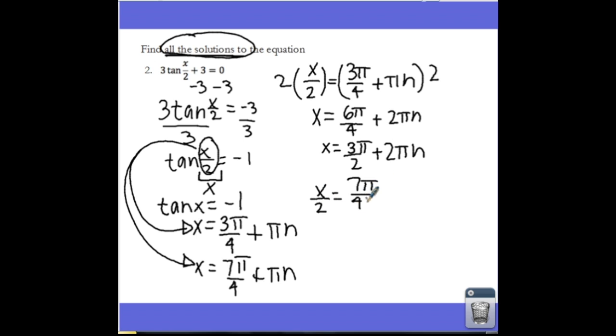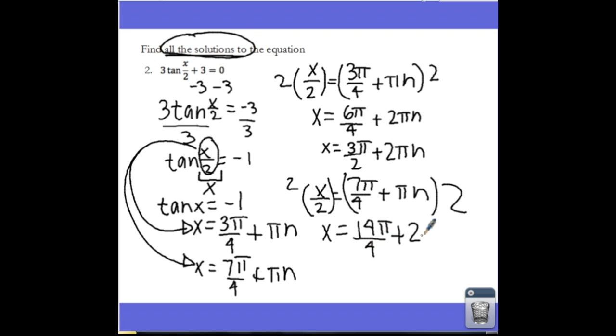We'll plug in x over 2, so it's x over 2 equals 7 pi over 4 plus pi n. Then you'll multiply both sides by 2, and that gives you x equals 14 pi over 4 plus 2 pi n. And then you'll simplify to get x equals 7 pi over 2 plus 2 pi n.